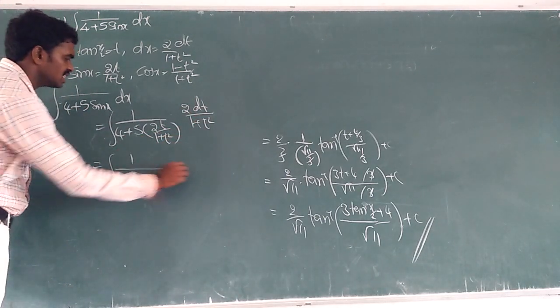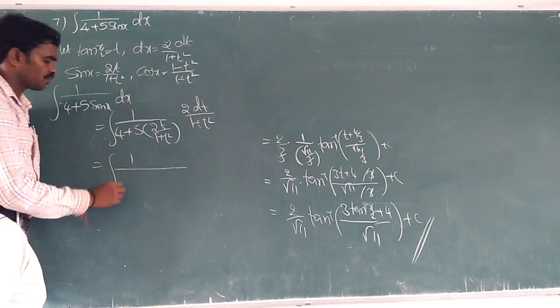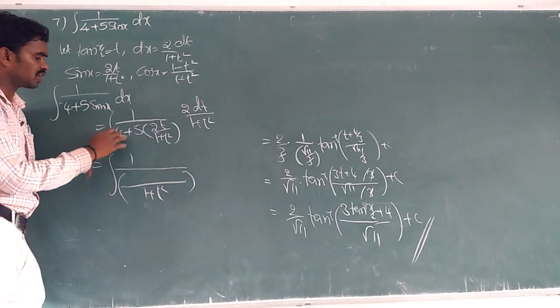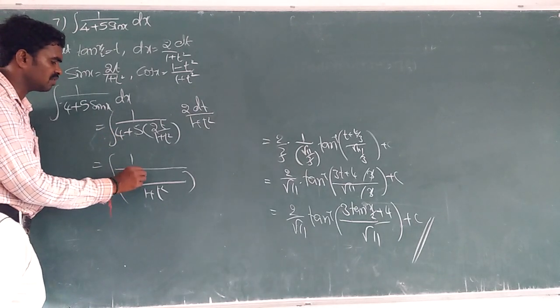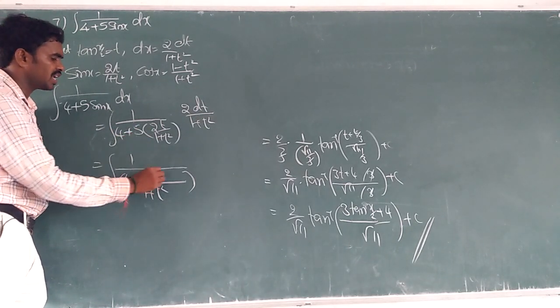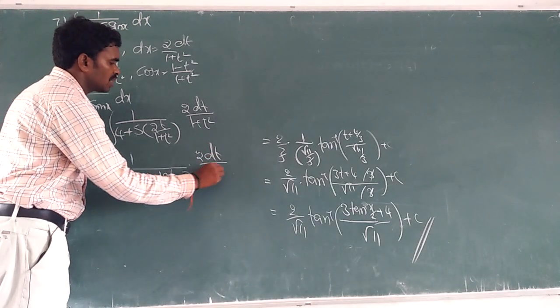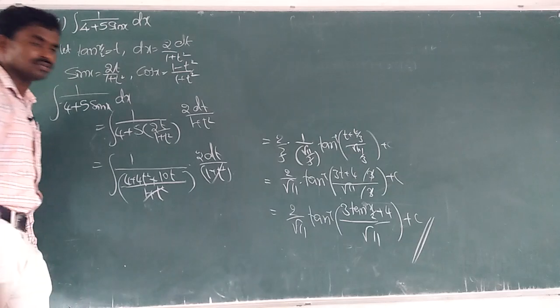So we should simplify this. 1 plus t square will be the denominator. 1 plus t square into 4 becomes 4 plus 4t square, plus 5 into 2t is 10t, and 2 dt by 1 plus t square gets cancelled.